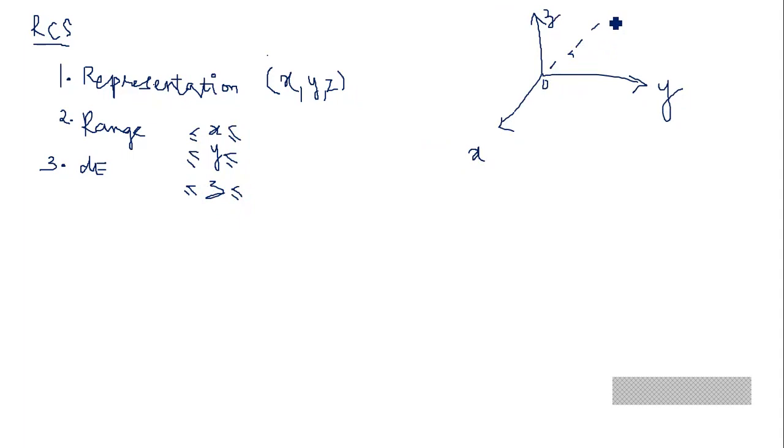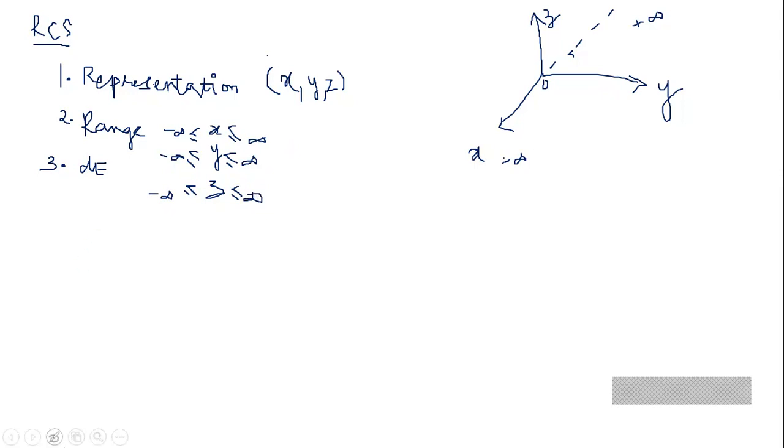It ranges from minus infinity to plus infinity for x. Similarly, it ranges the same for y and z also. That's why I am considering the range as minus infinity to plus infinity for each, and similarly here also.